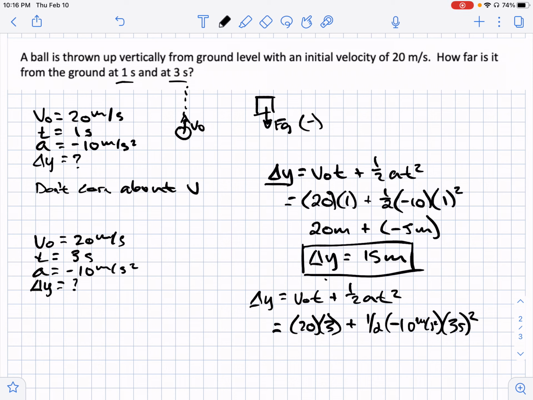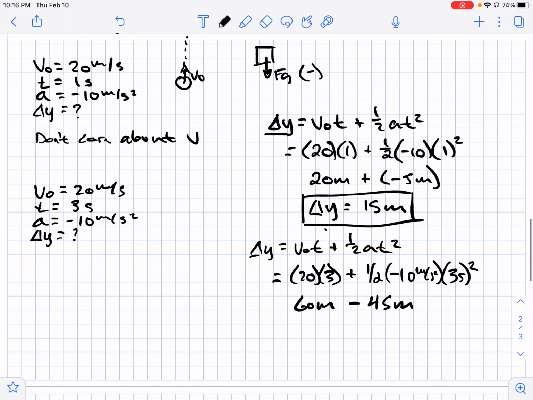So then I'm going to be left with 60 meters minus, so 3 squared is 9, 9 times that negative 5 would be negative 45 meters, so we subtract them. So your vertical position here is going to be 15 meters.